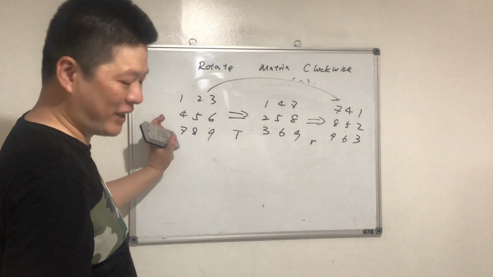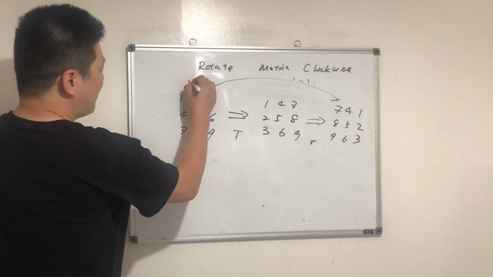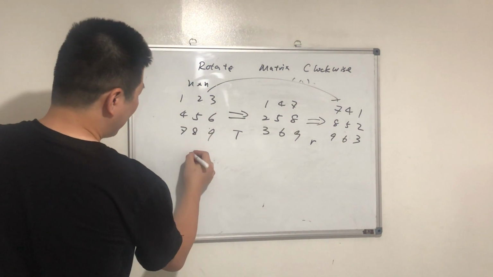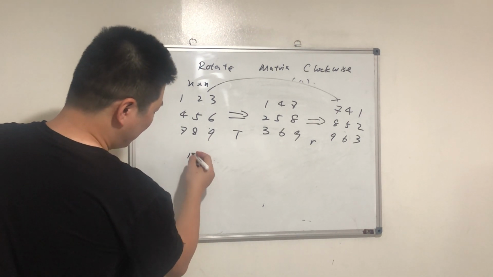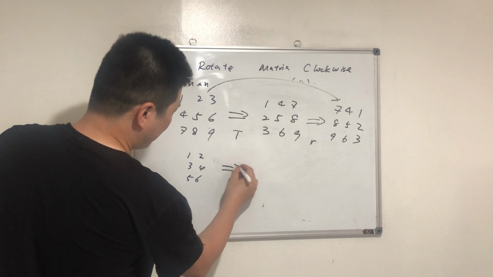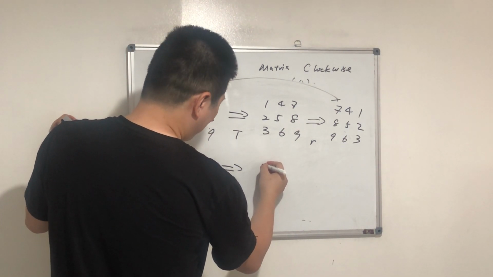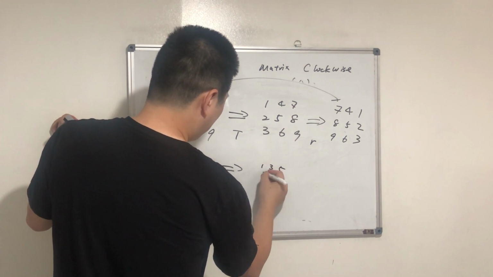And then we can do it. It also works for n times n, and it also works for something like 1, 2, 3, 4, 5, 6, which is 3 rows, 2 columns. When we transpose it, we become 2 rows, 3 columns: 1, 3, 5 and 2, 4, 6.